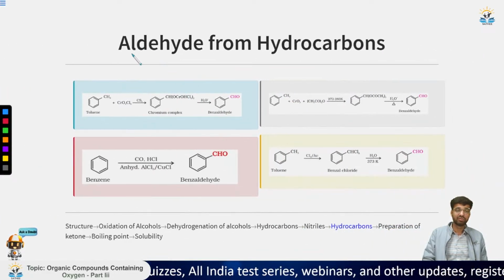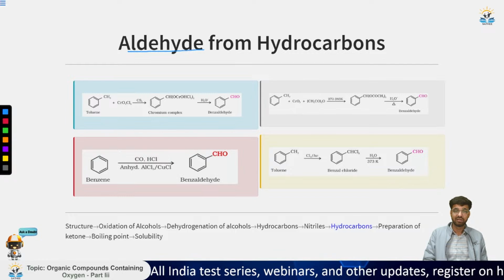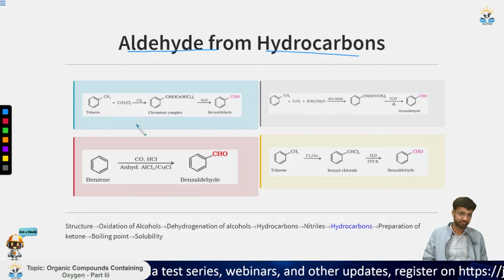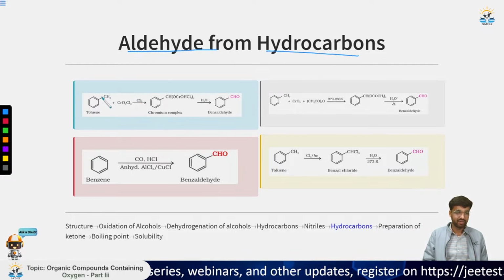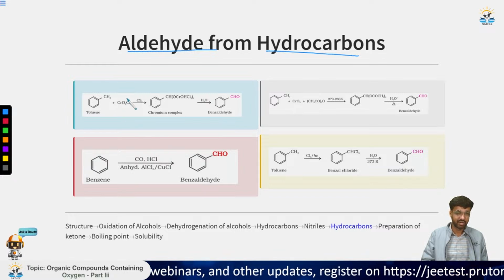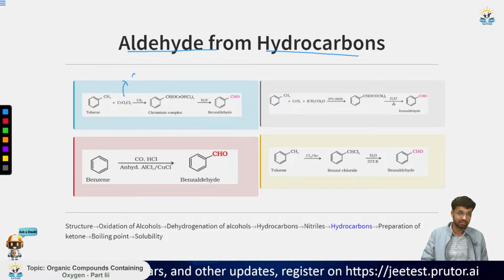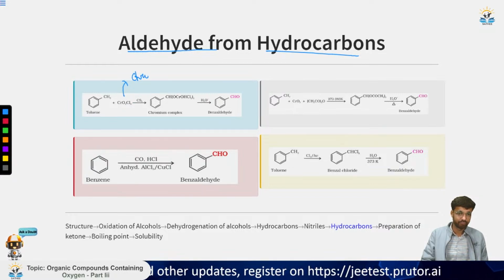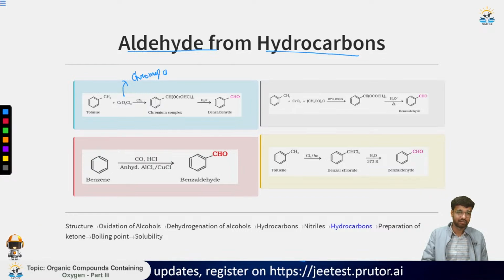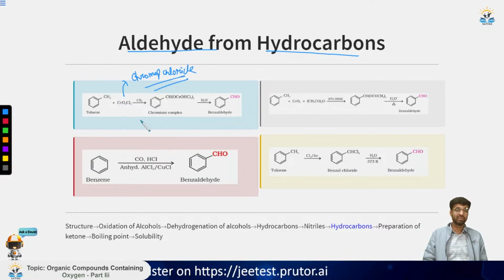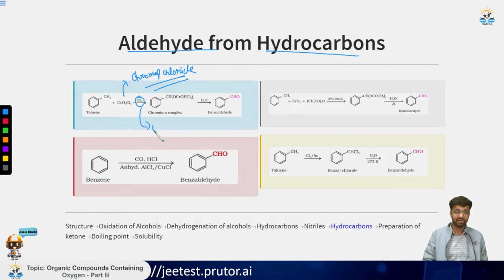Now next, let us move to some of the preparations that are done using hydrocarbons. So here we are having this toluene in the presence of chromyl chloride. We are taking chromyl chloride in the presence of the solvent CS2, a non-polar solvent.